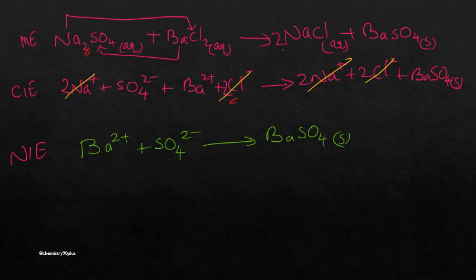And then on the right, with coefficient 2, the 2 goes for Na as well as Cl, so 2 Na plus and 2 Cl minus. And then BaSO4 solid, we cannot split into ions. So you must have the spectator ions crossed out, and you have the net ionic equation that looks like this, right? Good job.